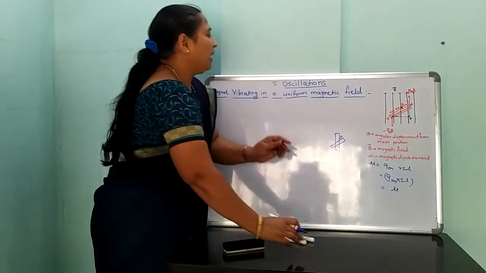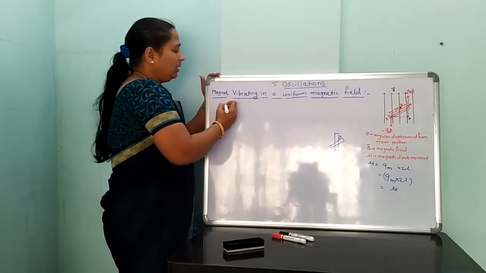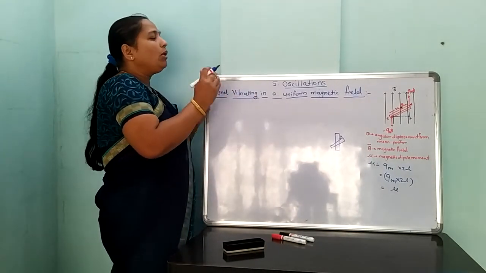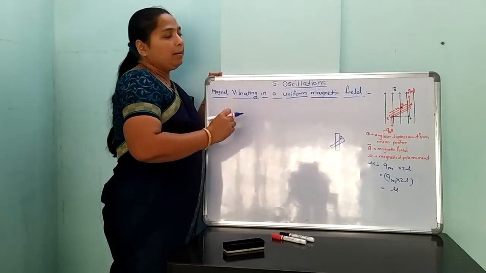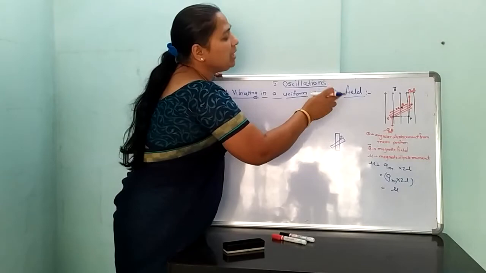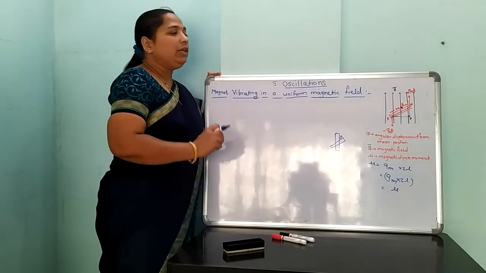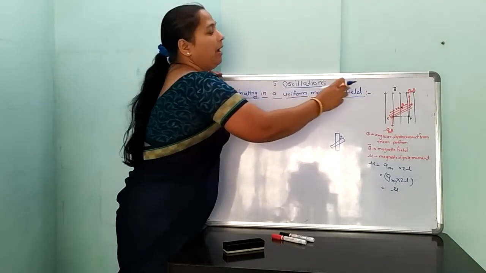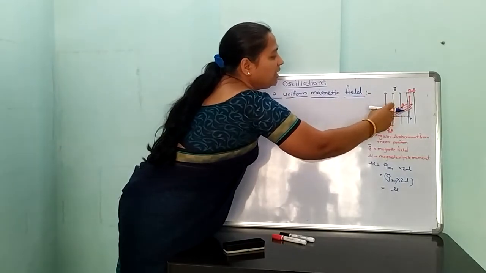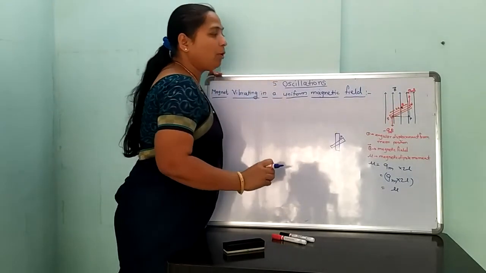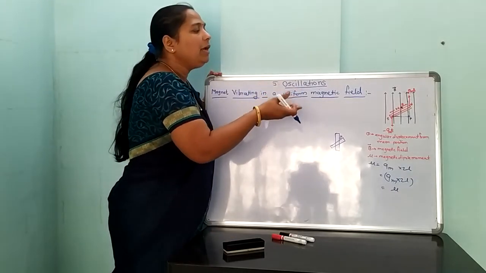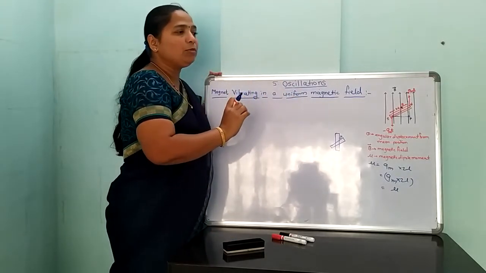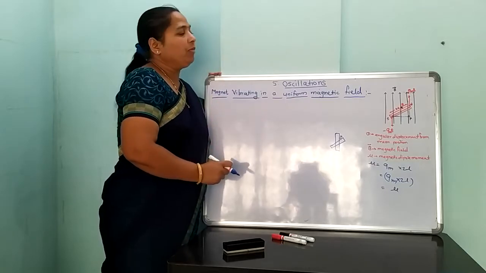By the definition of torque, if the magnet is released after being twisted by an angle theta from its mean position, the bar magnet tends to move to its original position or equilibrium position.